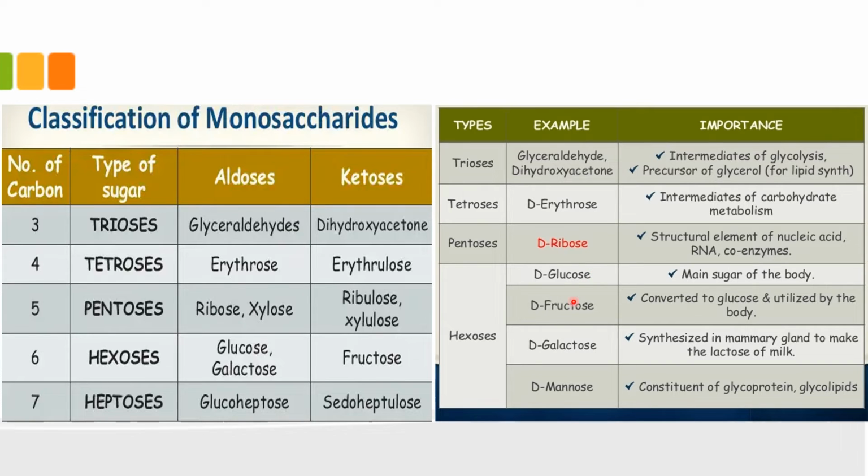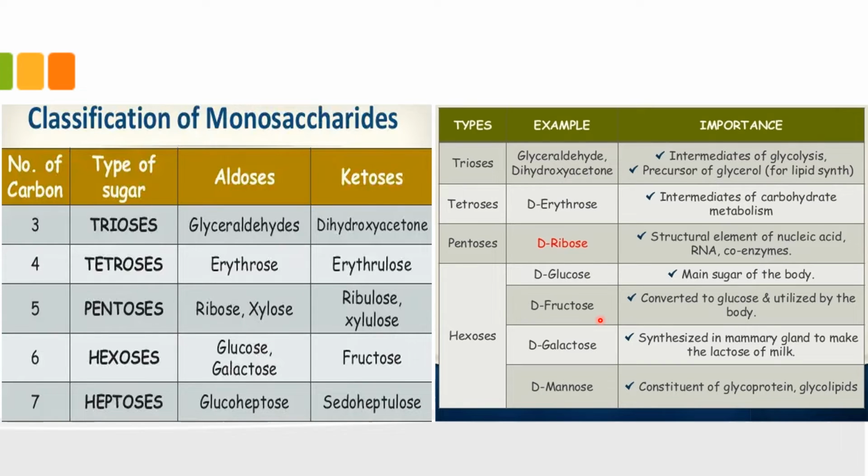And then fructose. This is also another monosaccharide, but it is a ketose sugar. So it is converted into glucose and utilized by the body. For example, when you consume milk or lactose, you have glucose and galactose, and in sucrose you have glucose and fructose. This fructose will be converted again into glucose and then utilized in our body.